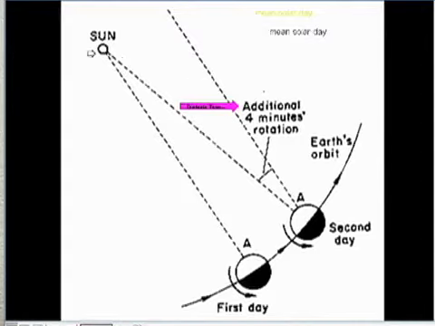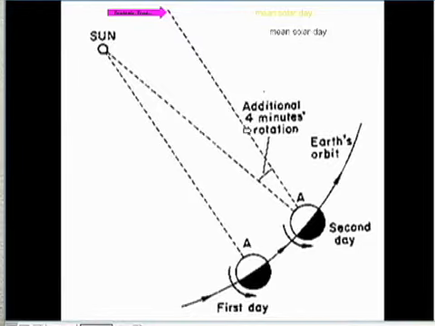So if we were measuring the length of the day, not by the sun, but by some distant fixed star, then our day would actually be a few minutes shorter. In fact, it turns out to be 23 hours, 56 minutes, 4.09 seconds, to be exact.